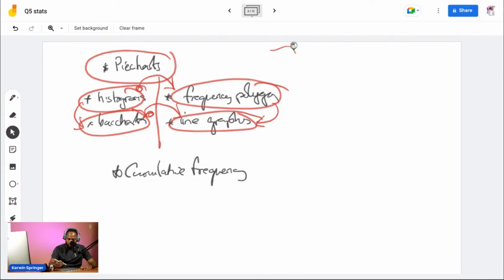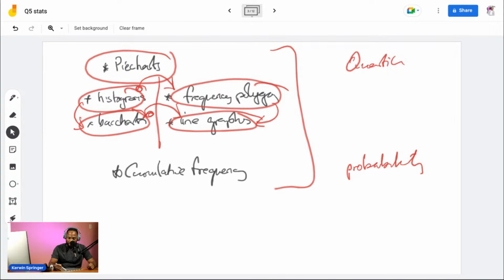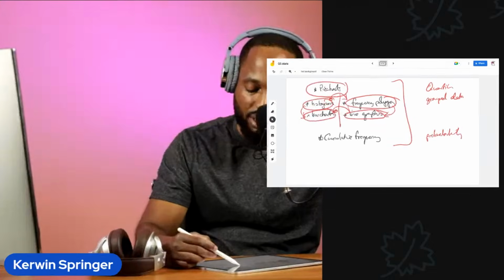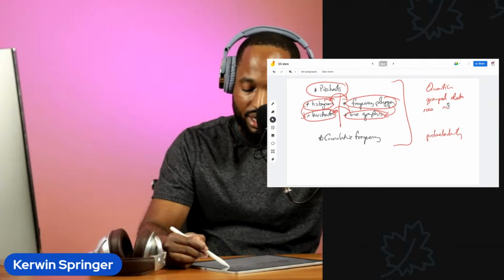And of course, with all of this, you could get a question on probability at the end. A simple question. Probability for CXC is not a big thing. You could also get quartiles and grouped data versus ungrouped data, different measures of the statistical average, mean, mode, median.